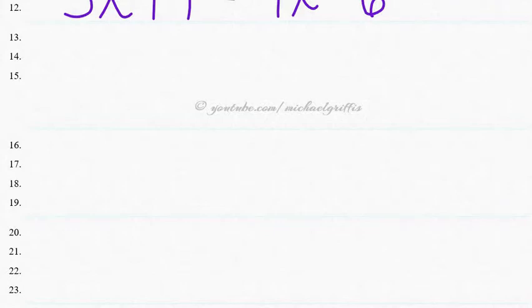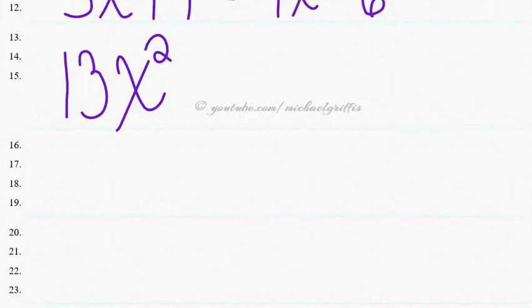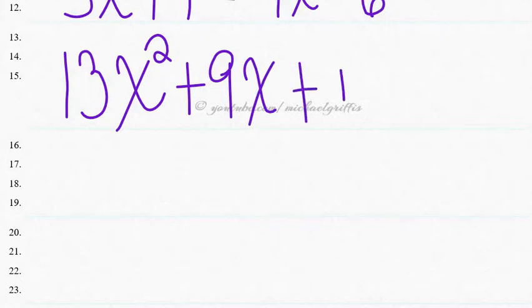What about this one here? 13x squared plus 9x plus 11. And like I said, we're just making these up. And we'll set that equal to 0.